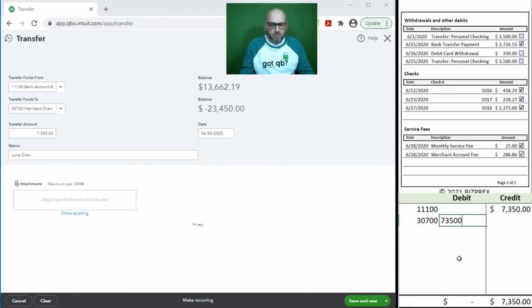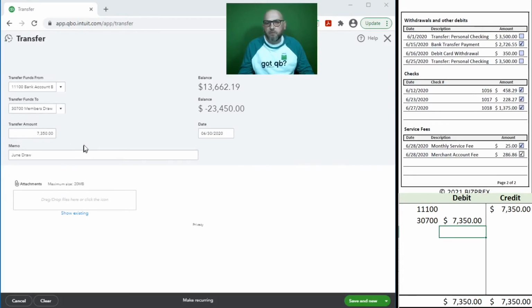It gets closed into our equity balance at the end of the year, right? So this is equity. Equity is reduced when debited. So this amount, even though we enter it once, is both a debit and a credit. It is a debit to account 3,700, and it is a credit to account 11,100. Bank account 11,100 will be reduced because it's an asset, so it gets credited, and equity is reduced when debited.